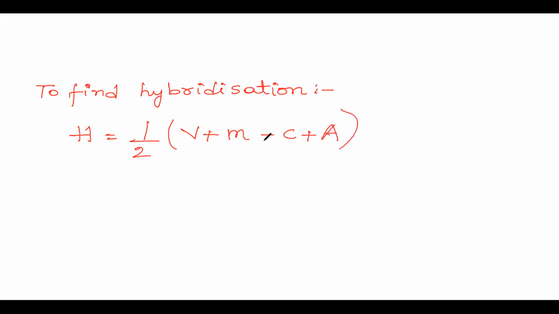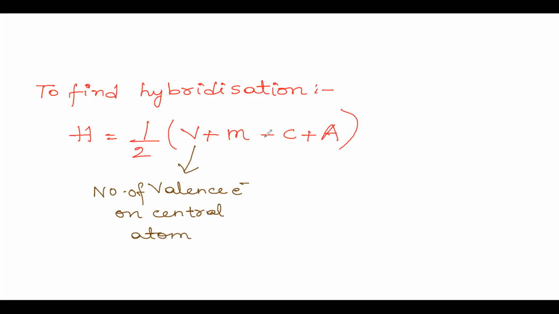What is V? V is the number of valence electrons on the central atom. M is the number of monovalent atoms attached to the central atom.